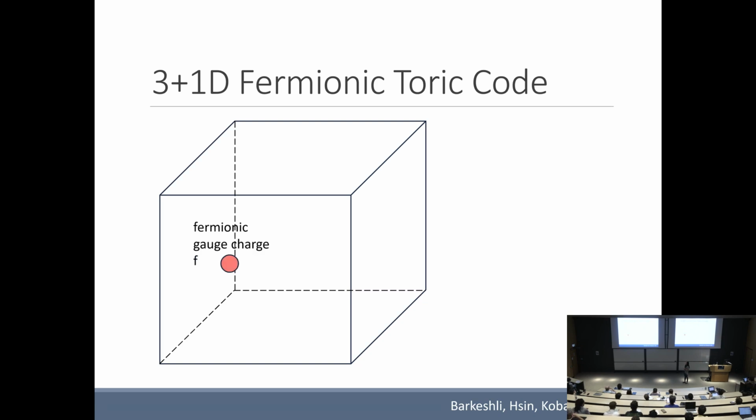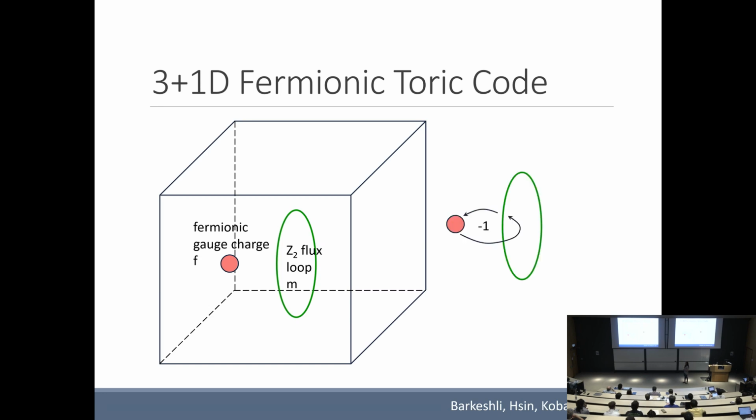First of all, the fractional excitations in the 3+1D fermionic toric code are well understood. There's a fermionic gauge charge, and then there's a Z2 flux loop, and they go around each other with a minus sign. So this is the Z2 gauge theory part. But of course, the latest developments in terms of all these higher category structures tell us that this is not the end of the story, and there are other interesting line excitations that we need to take into consideration.